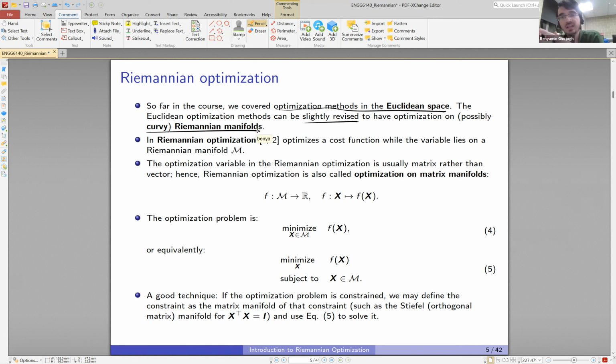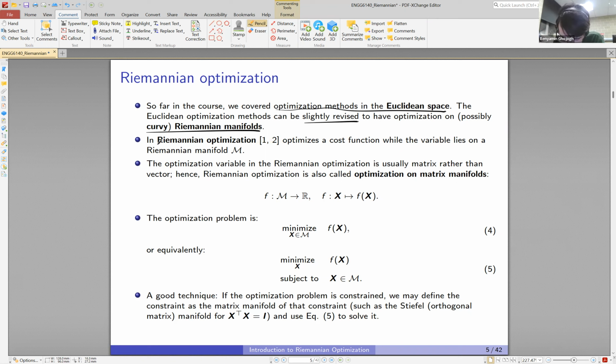So rather than having optimization in the Euclidean space, we can have optimization on the Riemannian manifolds, which are possibly curvy, because Euclidean space is flat. And note that Euclidean space is a special case of Riemannian manifold, which is flat. So we can generalize Euclidean optimization algorithms to Riemannian optimization algorithms.